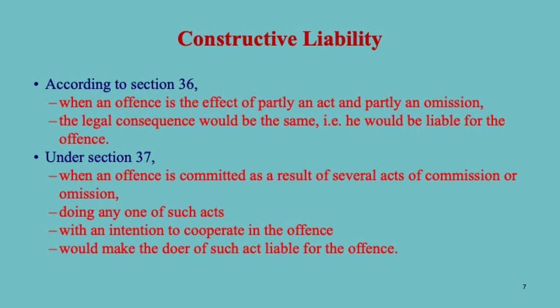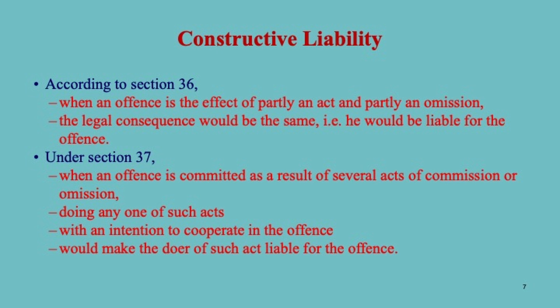According to section 37, when an offence can be committed by several acts of commission or omission, doing one of such acts or omitting to do one of such acts with an intent to cooperate in the commission of the offence would make the doer liable for the offence. A, B, C and D are jailers, each having to work in shifts of 6 hours.